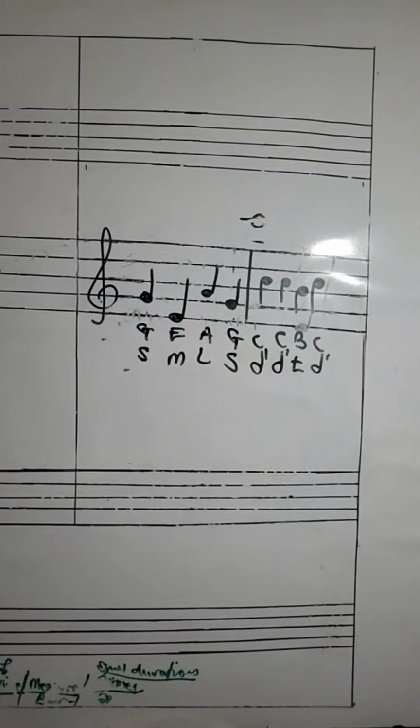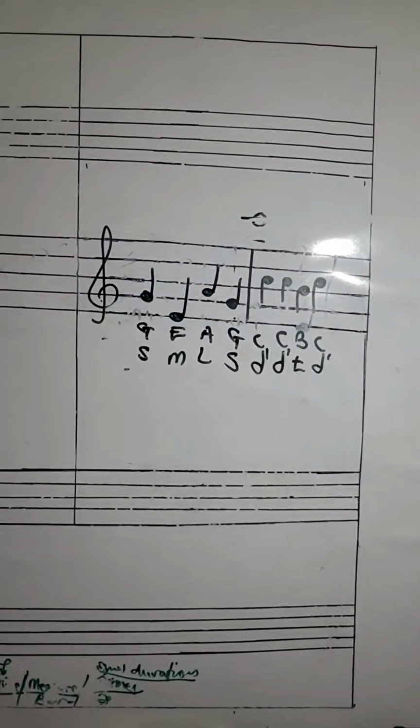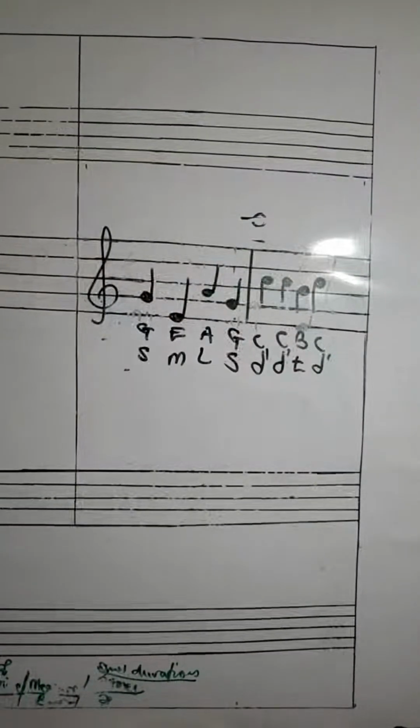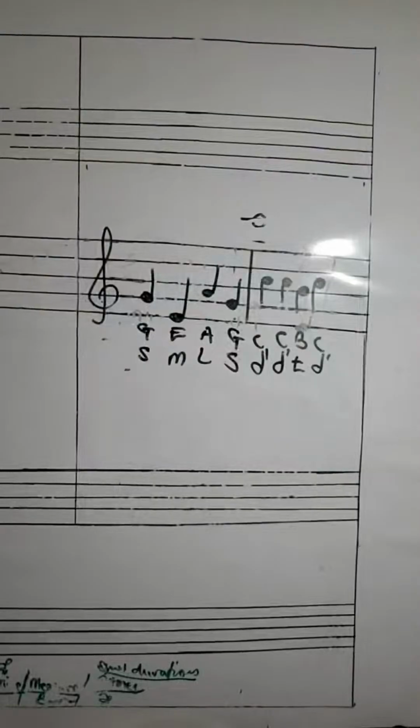So I want to believe you understand what we just did. This is how you sight read. Now, if I were you, the first thing I'll do when I see a piece of music, I'll write out the letter names, just like I have done here. Then, from the letter names, I'll locate my note.